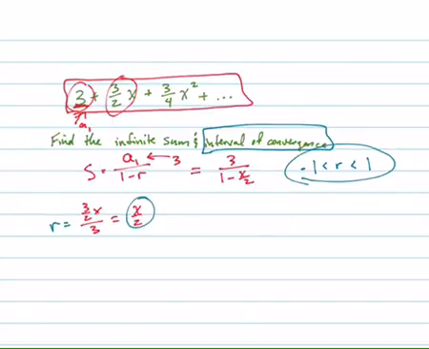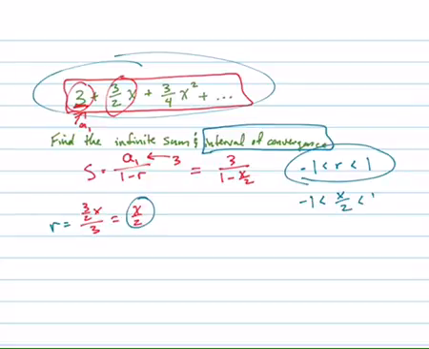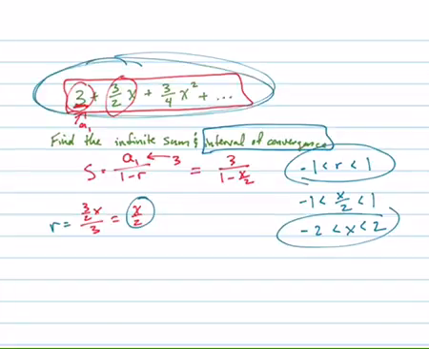It's a variable common ratio. So we have to figure out for what x values this sum will converge. To do that, we plug in our ratio and solve for x by multiplying everything by 2.